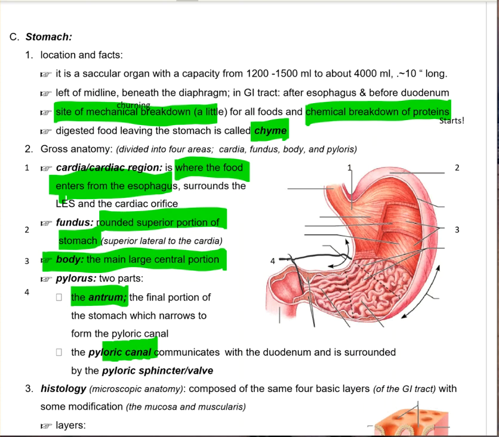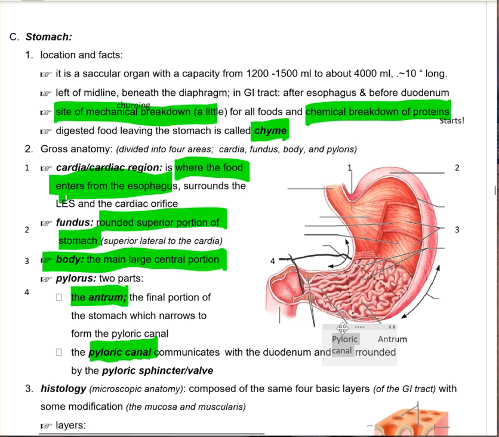Now the antrum is right over here. This is where it narrows from the body, and it starts narrowing here. And then we have the pyloric canal. I'm going to move it up, don't worry.